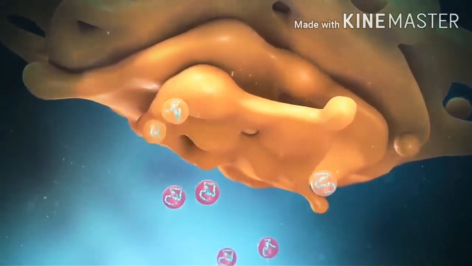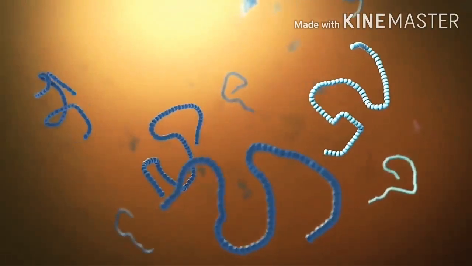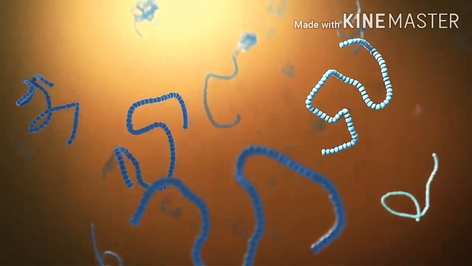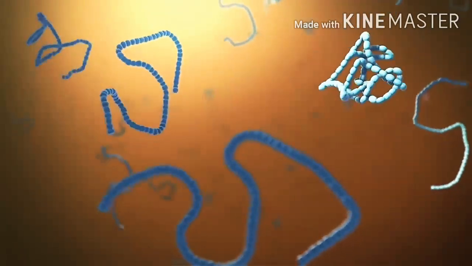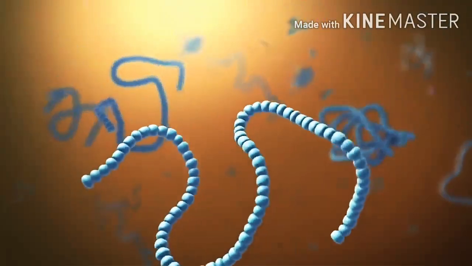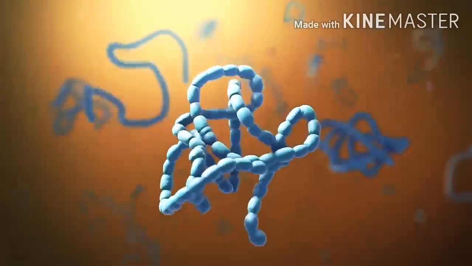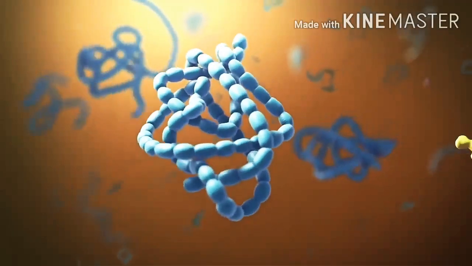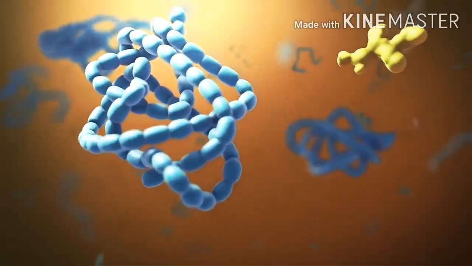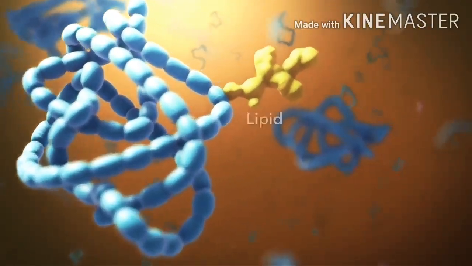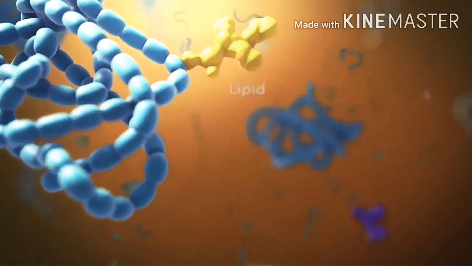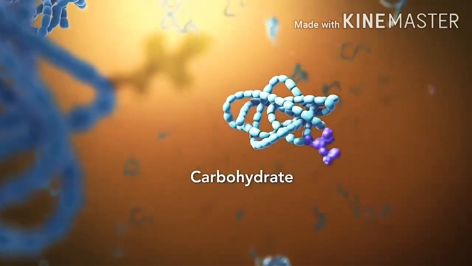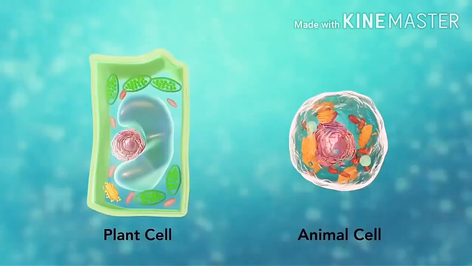The Golgi body has the function of joining these protein structures with other molecules. Here these proteins are modified into a complex structure and attach a few other parts like lipids and carbohydrates. These are used by the cell to produce energy.